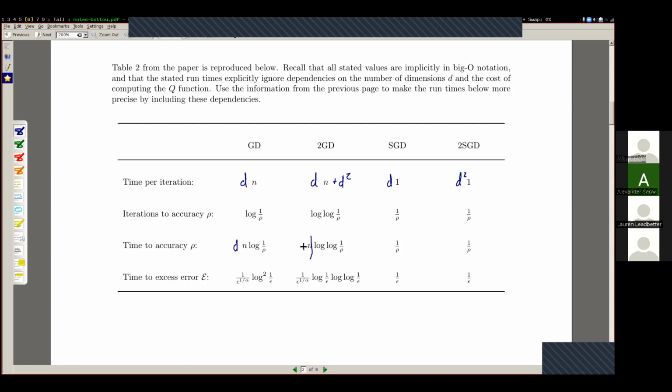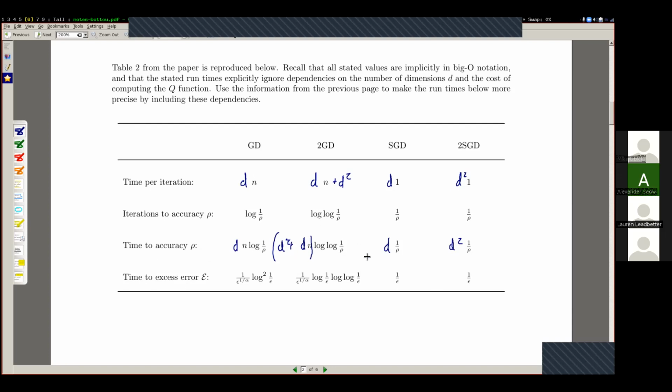So that's dn plus d squared, times that. That's d, and that's d squared right there. And then, yeah, this last row right here is part of the section 3 of the paper. So we'll get to that next time, and also start talking about the intuition of these things.